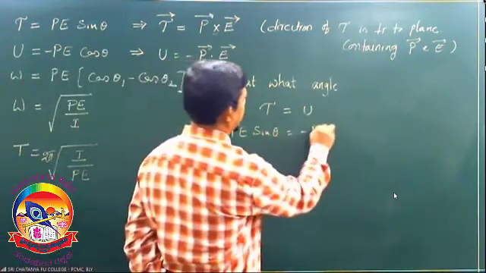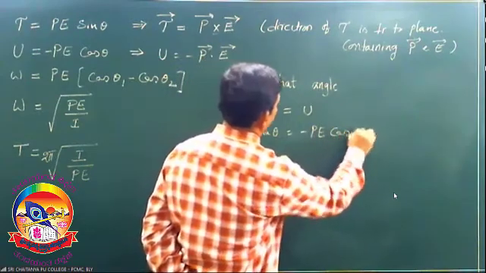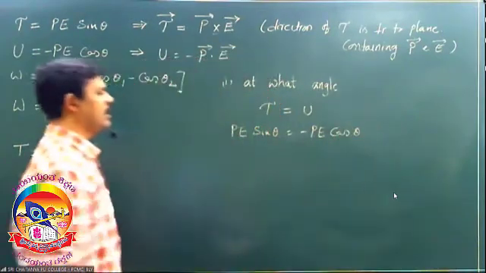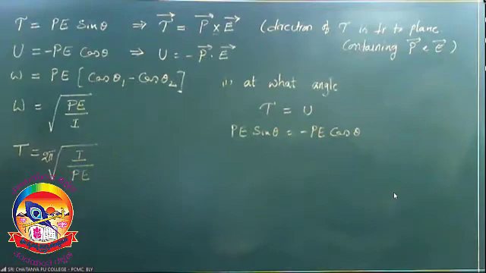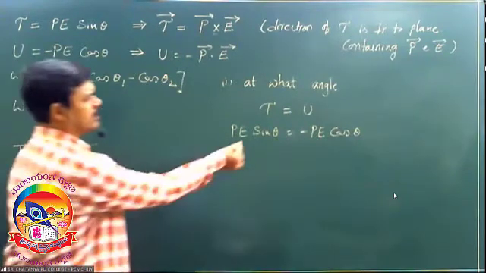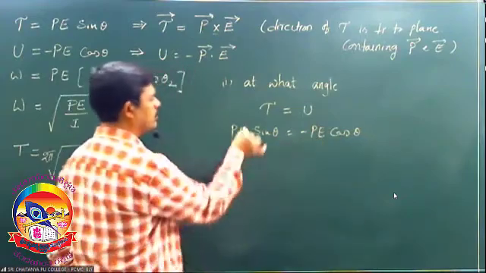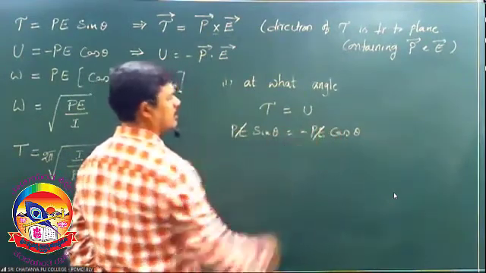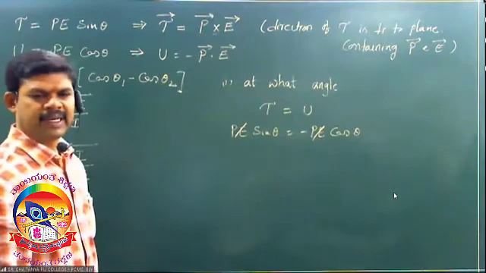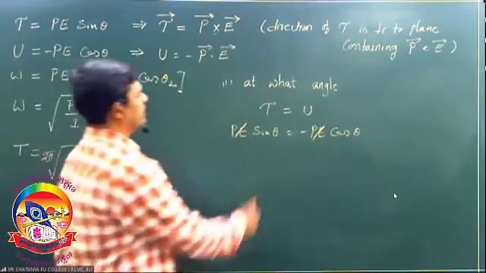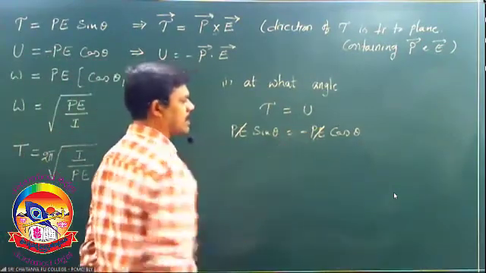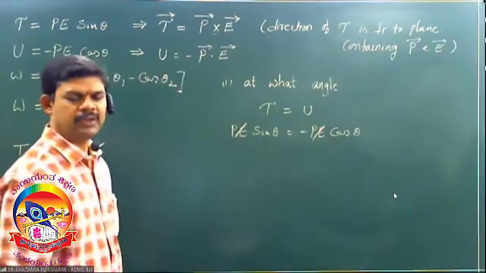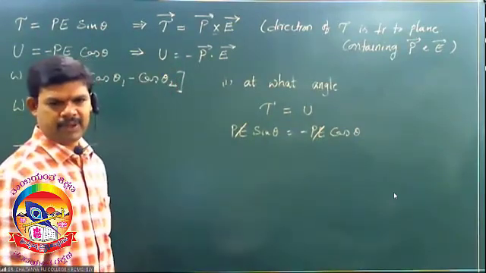Potential energy is minus PE cos theta, right? So where those two are equal, if you are asked, just equate these two. Where sin theta is equal to cos theta, just substitute the values, you'll get the answer. Okay?